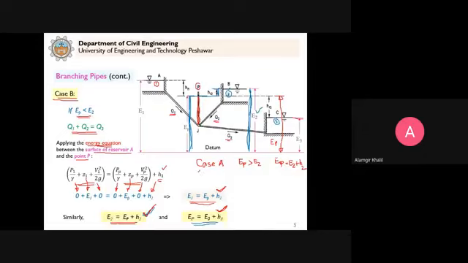And this was case B. In case B, the situation is that we have EP less than E2, and in this case we have E2 equal to EP plus H2. So this is basically the difference between the two cases.